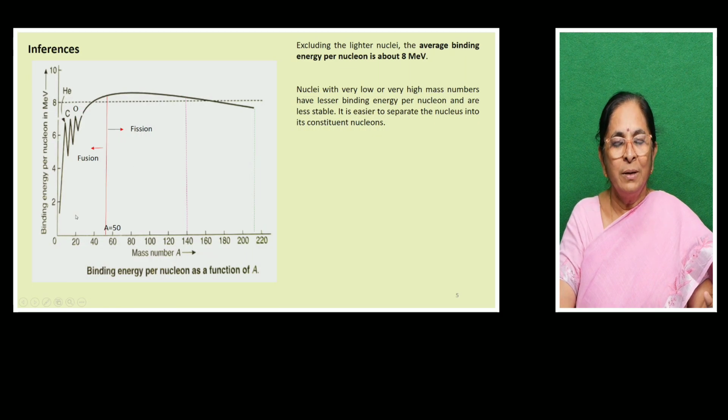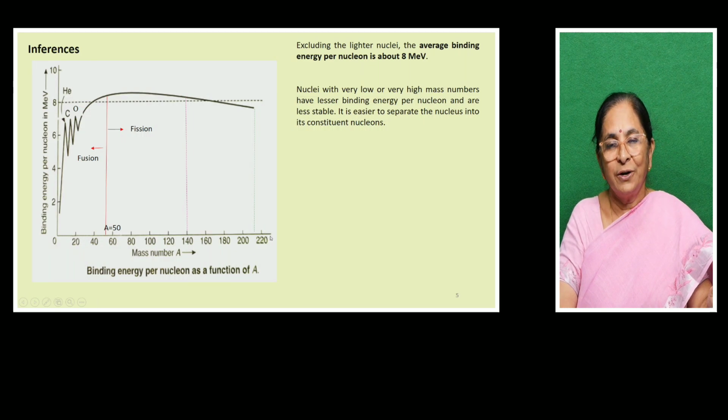So among the elements in the periodic table, the elements on the lower side, having lesser mass number, or on the higher side, will not be that stable. So it is easier to separate the nucleus into its constituent nucleons. For example, on this side, uranium is a radioactive element.